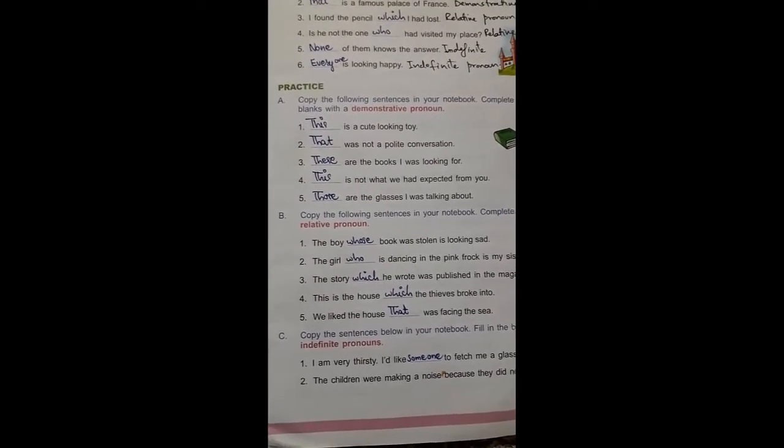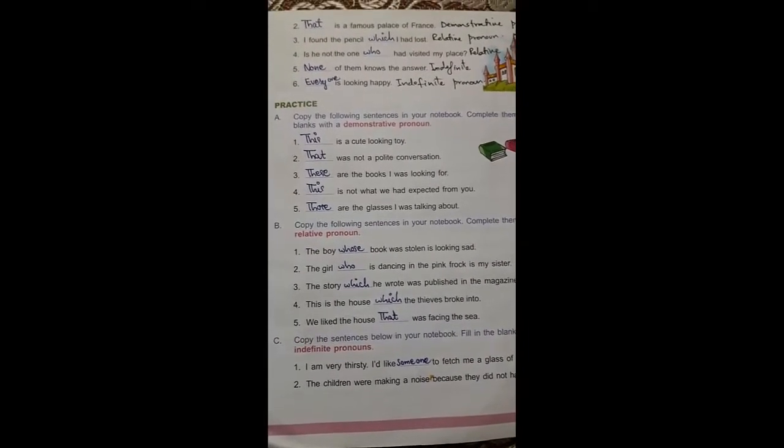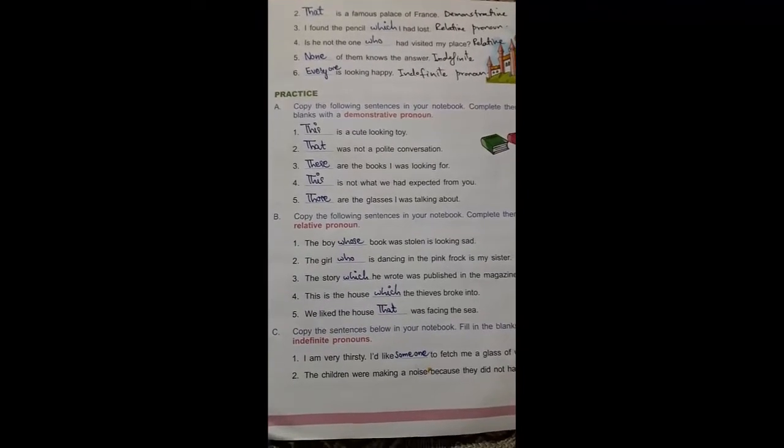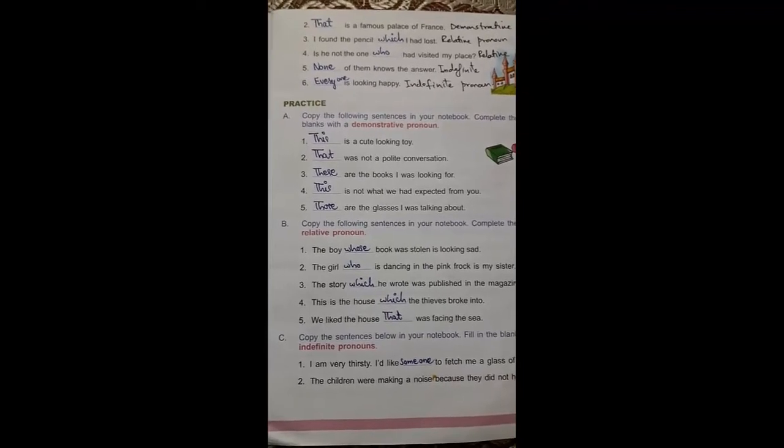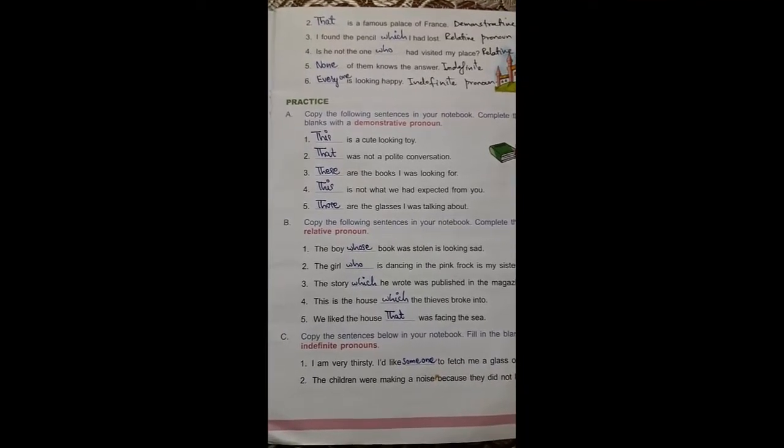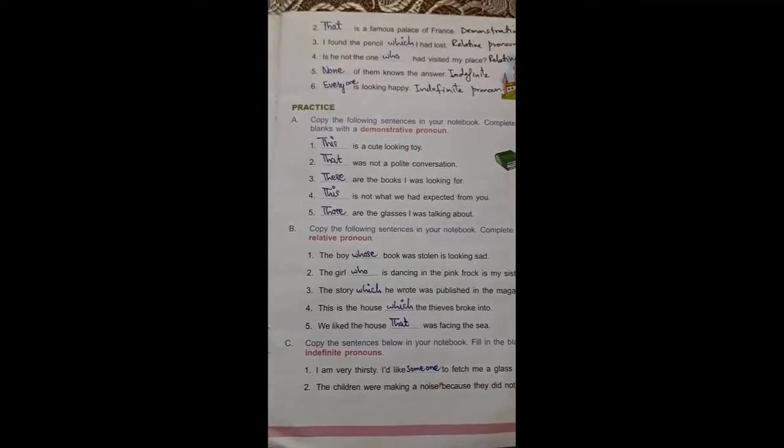The girl who is dancing in the pink frock is my sister. The story which he wrote was published in the magazine. This is the house which the thieves broke into. And the fifth one, we liked the house that was facing the sea. So it's done.